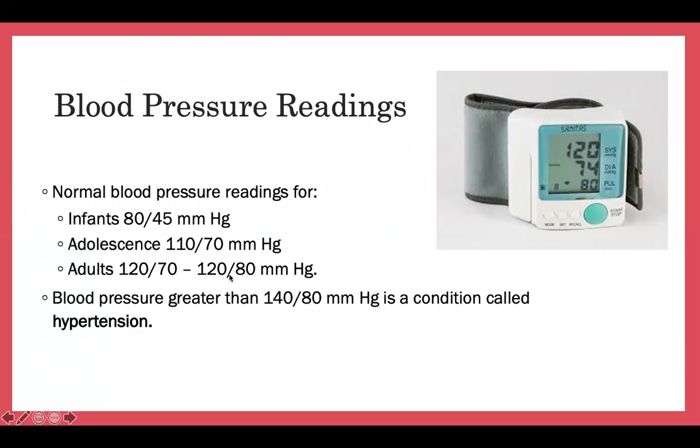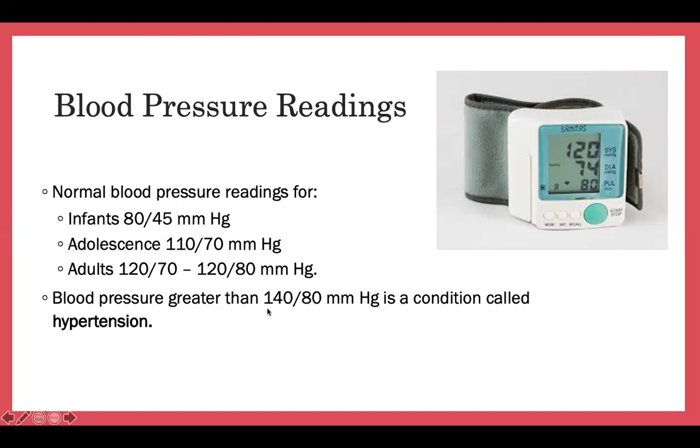When your blood pressure starts to exceed this normal reading, you have what's called high blood pressure. And once your blood pressure reaches this threshold of 140 over 80, or sometimes 140 over 90, you have a condition called hypertension. As you start to exceed this number, you go into a risk category where you have to be mindful of your blood pressure.